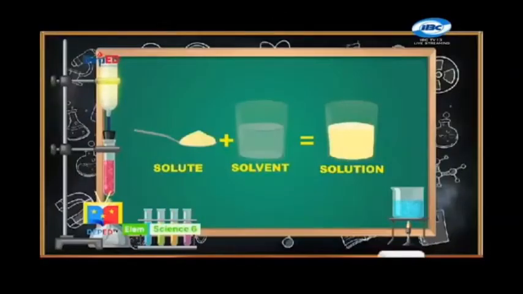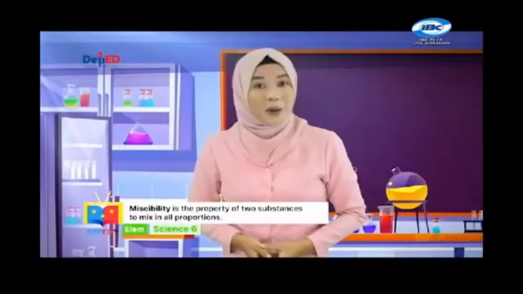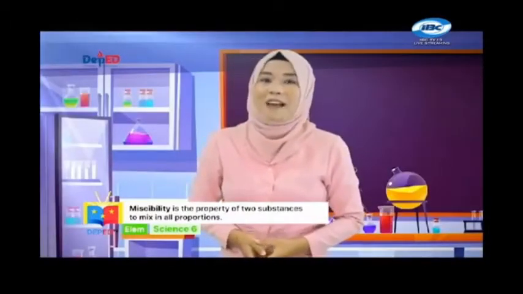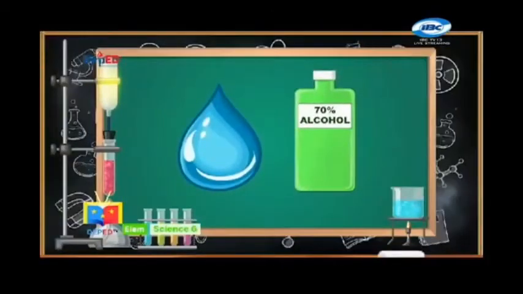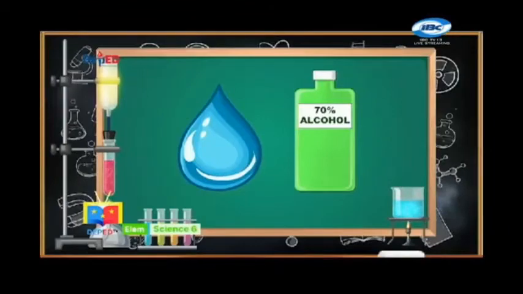This picture shows the components of solution. So, in order to form a solution, which is a homogeneous mixture, we need a solute that will be completely dissolved in a solvent. Also, in solution, we have the concept of miscibility. For example, water and 70% of alcohol are miscible because they mix in all proportions.